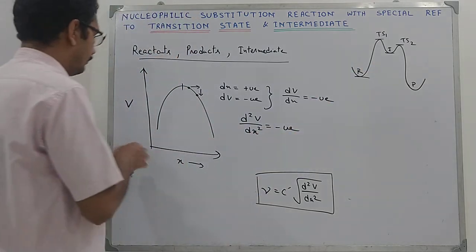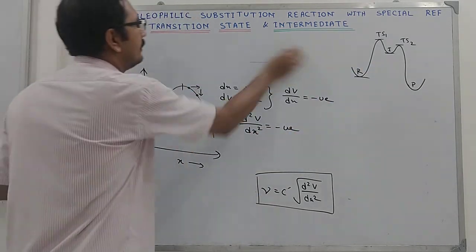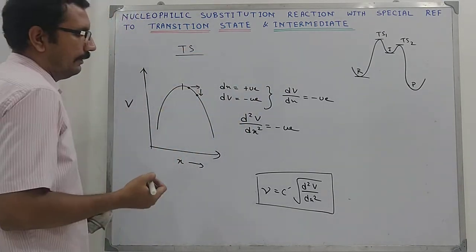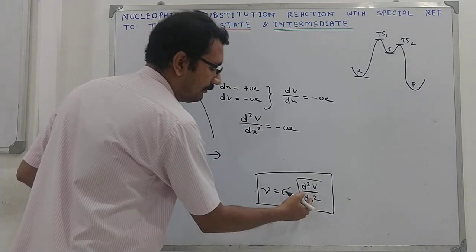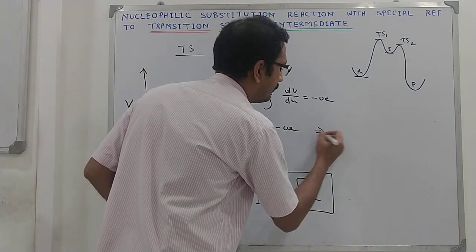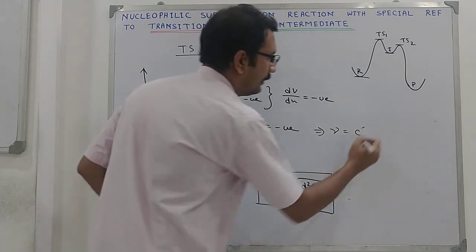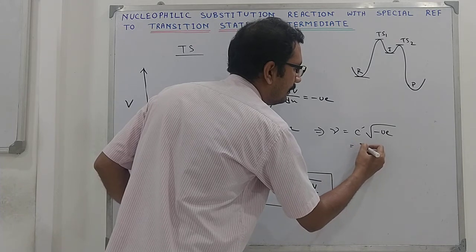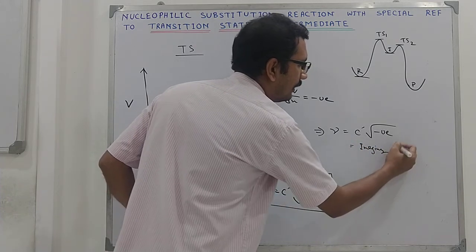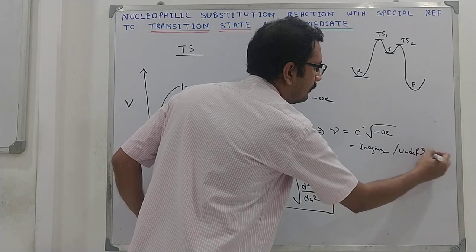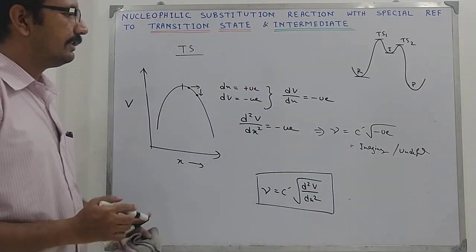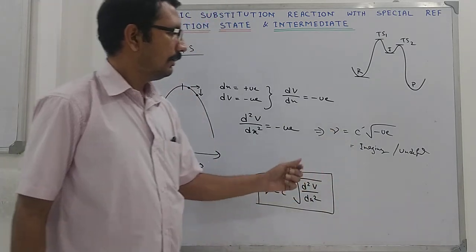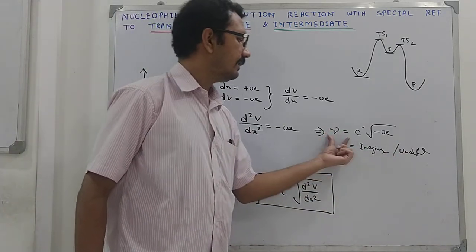So we must change the heading here to transition state, since we are studying the transition state. Now when you put this curvature here, we get nu equals constant into root over negative of something. So that is imaginary, undefined. So the transition state is associated with bonds or vibrational modes which have undefined or imaginary frequency.